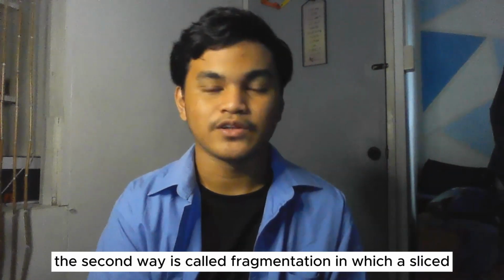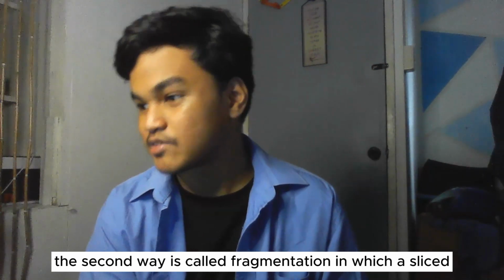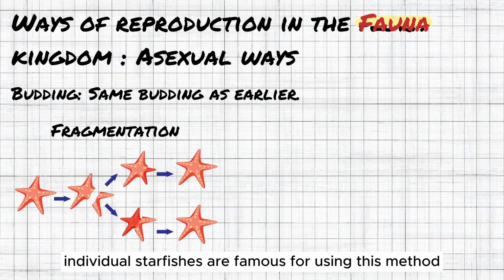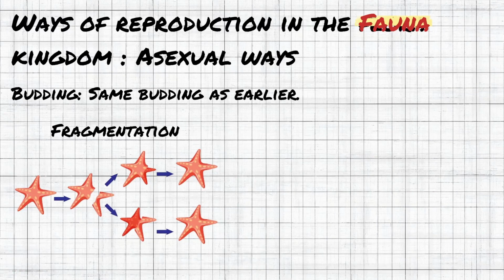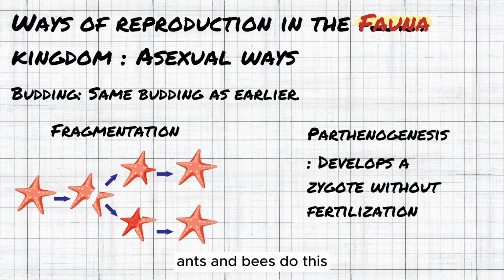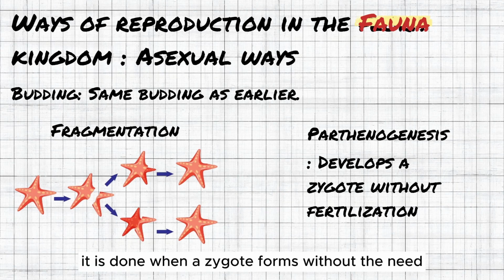The second way is called fragmentation, in which a sliced fragment of an organism grows into another individual. Starfishes are famous for using this method. The third one is called parthenogenesis. Ants and bees do this. It is done when a zygote forms without the need for fertilization.